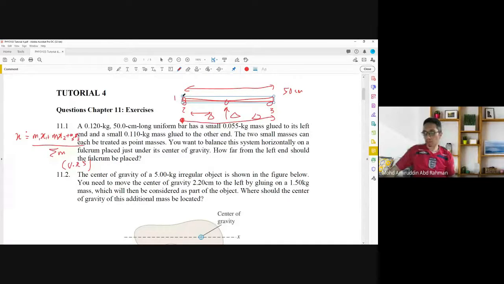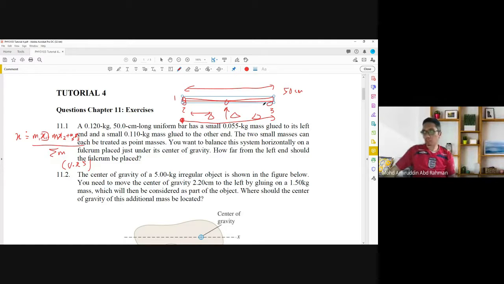So what I need here is M1, we have X1 as 0.5, and X2 will be 0, and X3 will be 0.25. Why is that?